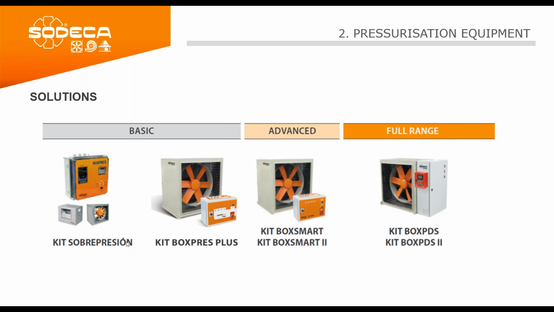We have been producing this product for a long time. And then we have developed in the last years other more advanced equipment, the Kitbox Press Plus, the Kitbox Smart, and the most advanced equipment that we have is the Kitbox PDS.